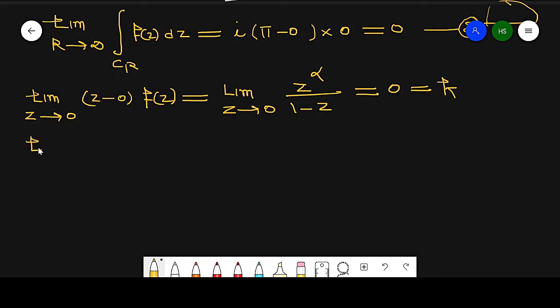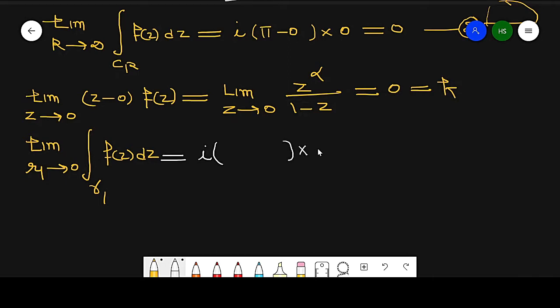This is the limit as r1 approaches 0 of the integration around gamma 1 of f of z dz. This limit is equal to iota times theta 2 minus theta 1 times k, right? So here it is k.